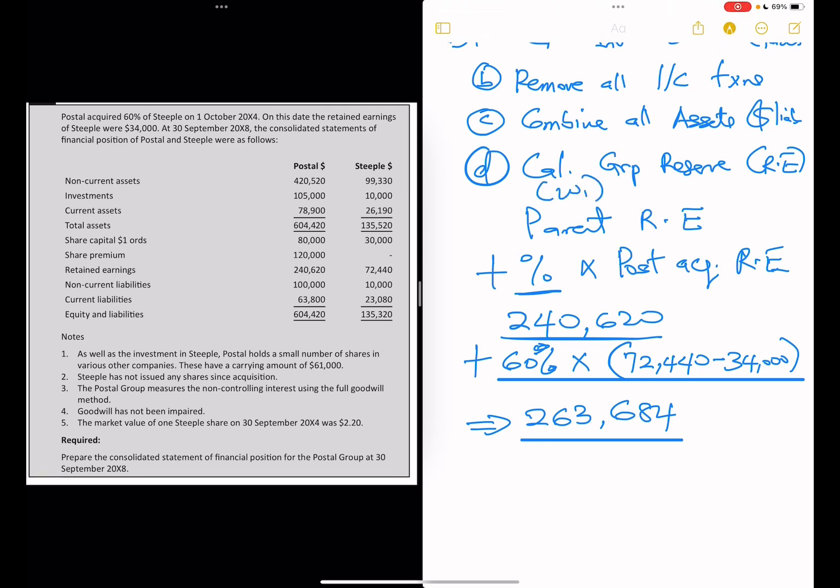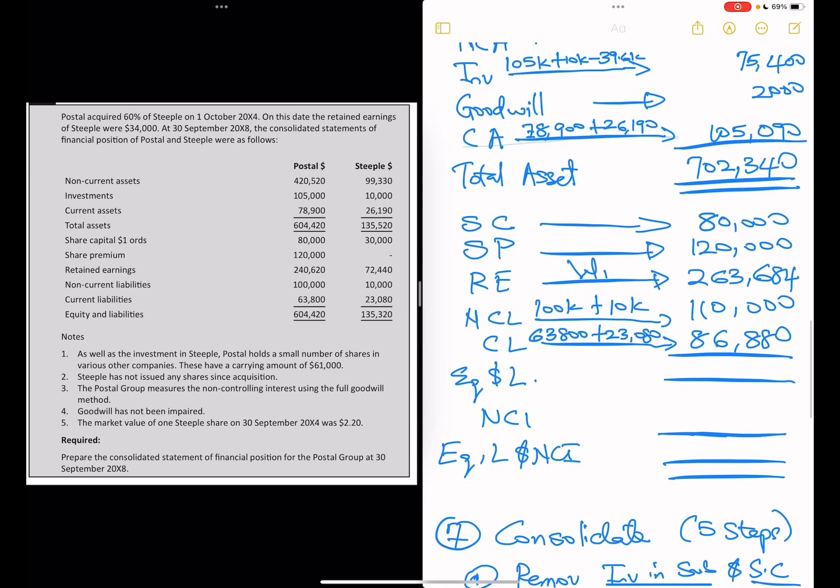Group retained. So what is next in our steps? The last step is to calculate NCI. But before we go there, let's quickly add this together. 80, 120, that's 200. That's 463,684 plus 110,000 plus 86,880. Everything gives us 660,564.